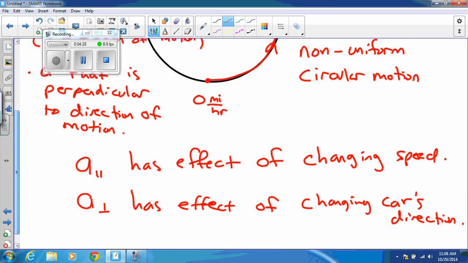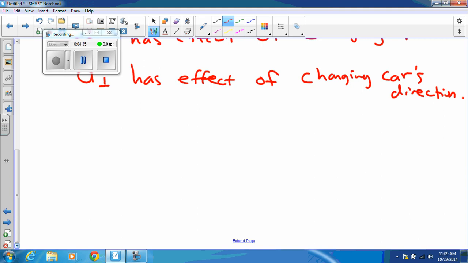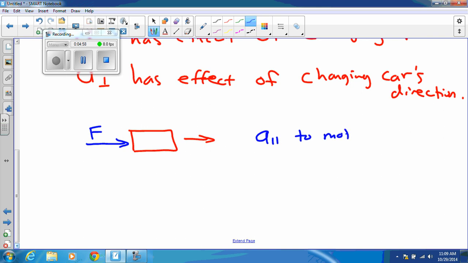Now, just to illustrate this, I can't really put a demo on video, so I'm going to ask you to sort of imagine. If I have a car that is going in this direction, and I come along and I give it a mighty push here, then I think it's pretty clear that that mighty push is going to speed the car up, right? So this is acceleration that is parallel to the car's motion, changes the speed.